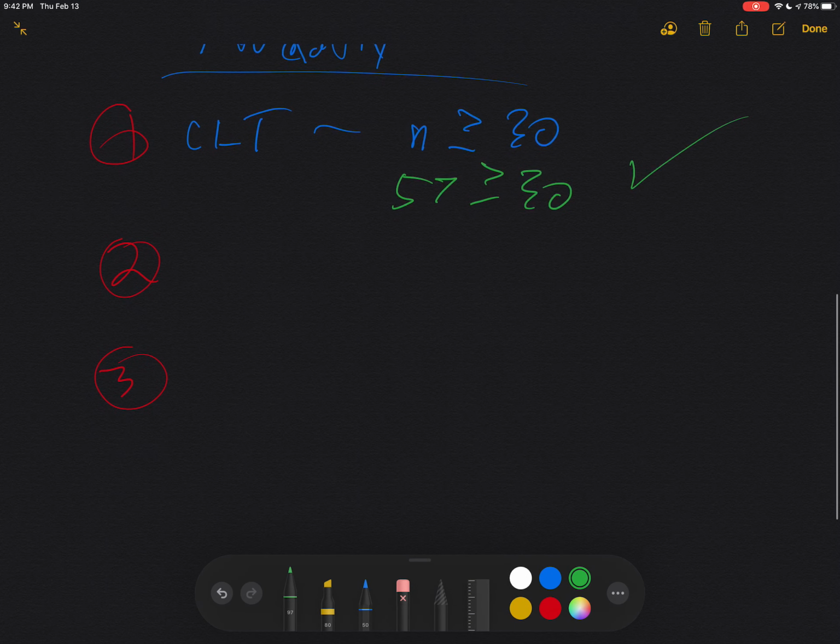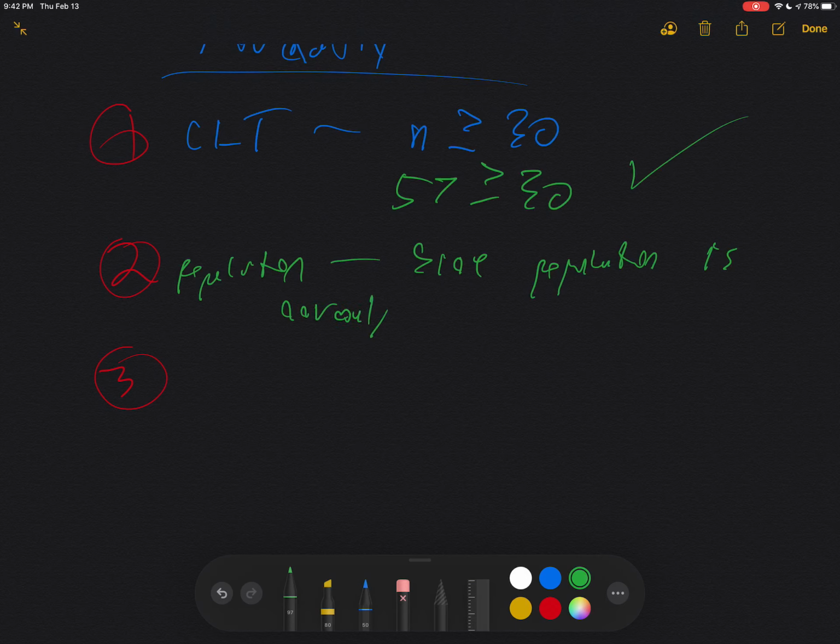The second way: if the population is already known to be normal, then you don't have to do anything. You can just say something like, since the population is normal, the sample is normal, and then you can just check that off too.